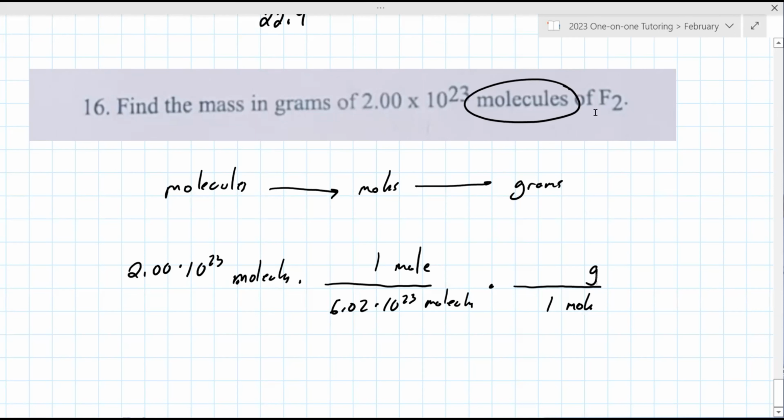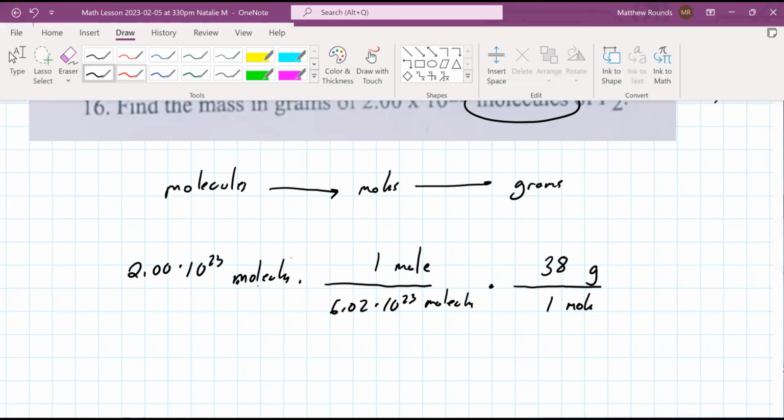So you've got to look up F on your chart there. 19 for, oh wait, hold on, so there's 2 of them. So that would be 38. Yeah, and you can see that molecules cancels on the left.